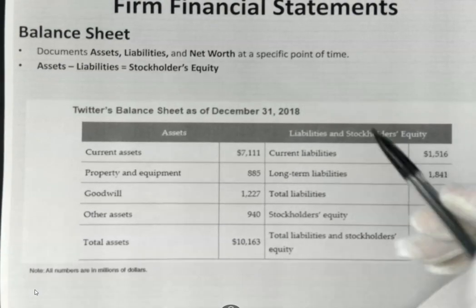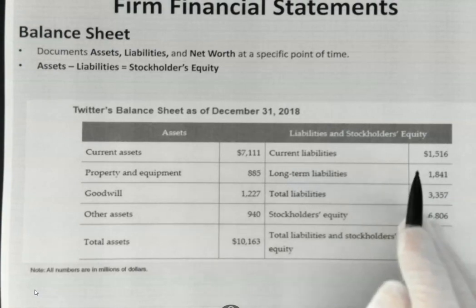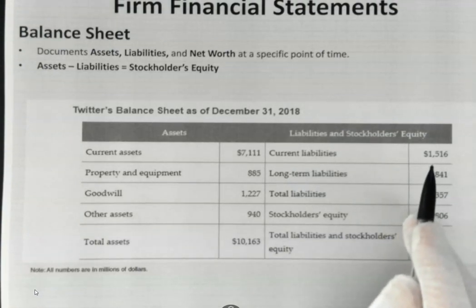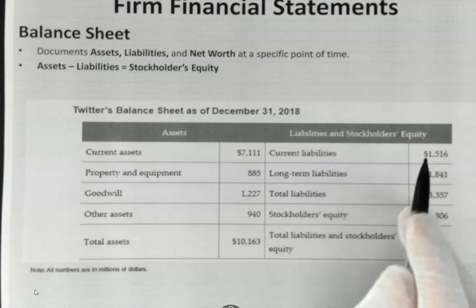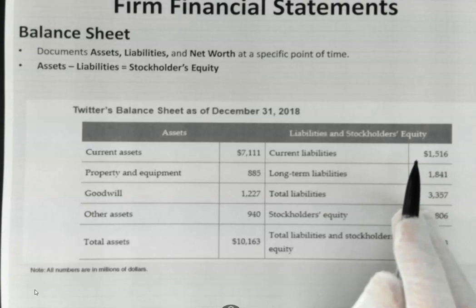Now liabilities, this is what's owed. Current liabilities are what is owed within a year. This could be a 6-month bond that they have to pay off, or a 10-week bond or something. It could be a bank loan that's less than a year in maturity. And it could be other obligations, contracts for product, and so forth that they have to make good on within a year.